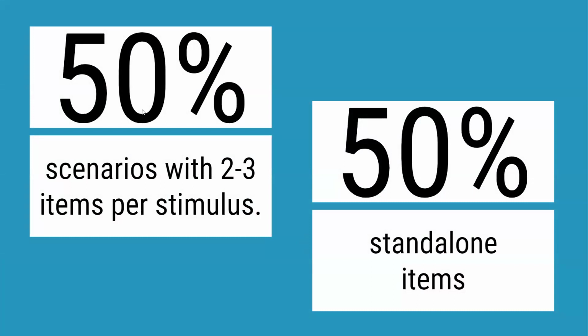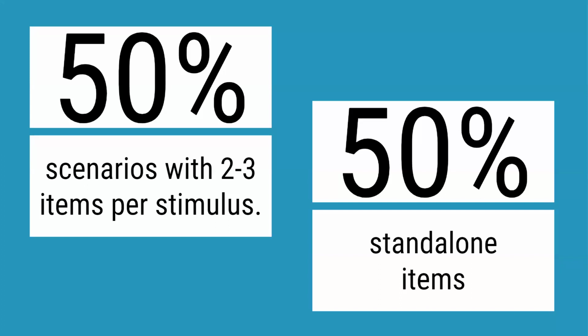Okay, with the GED, here's what GED says. 50% of the test, half and half here, are going to be scenarios with 2 or 3 items per stimulus. We're familiar with these if you've been in GED a little while, and this is where you may have a passage 1, a passage 2. Oh yes, students don't get away from that after the RLA test. The social studies test is filled with that.